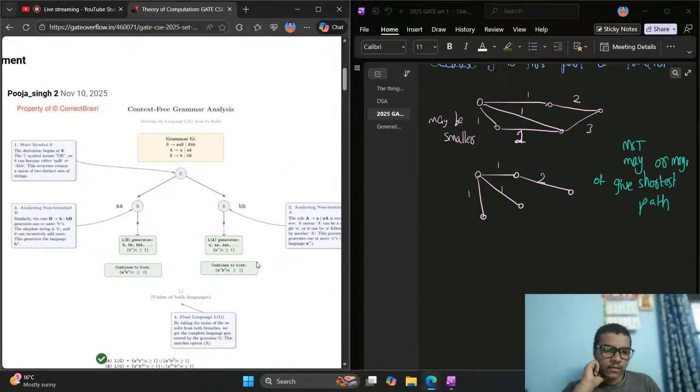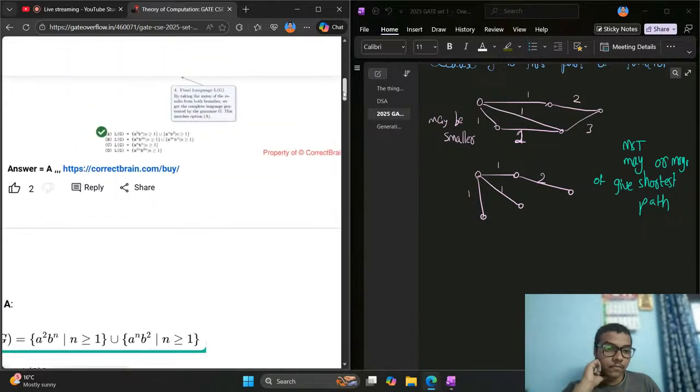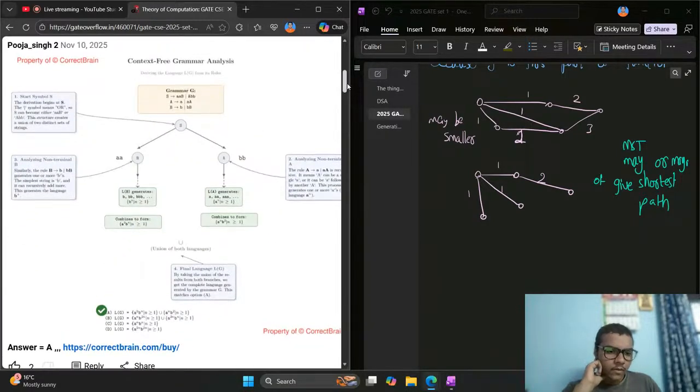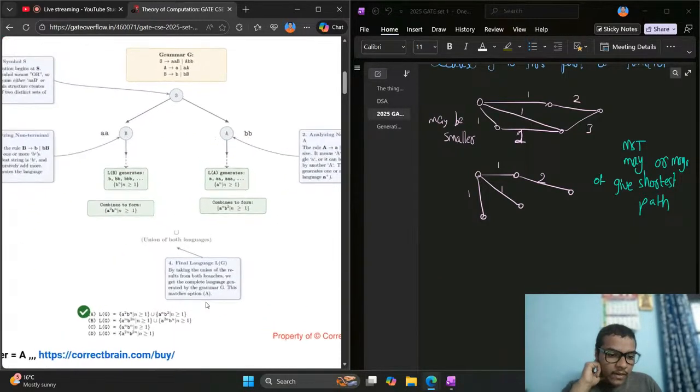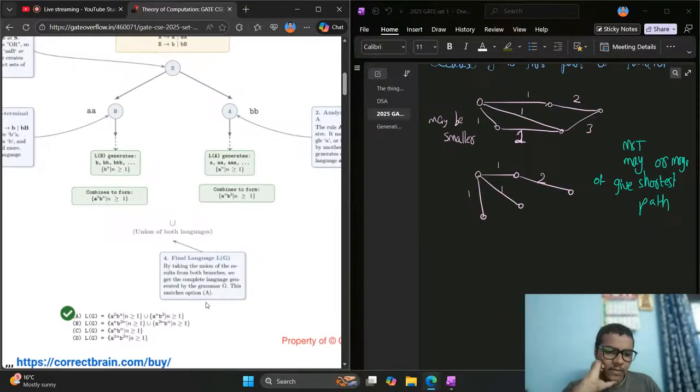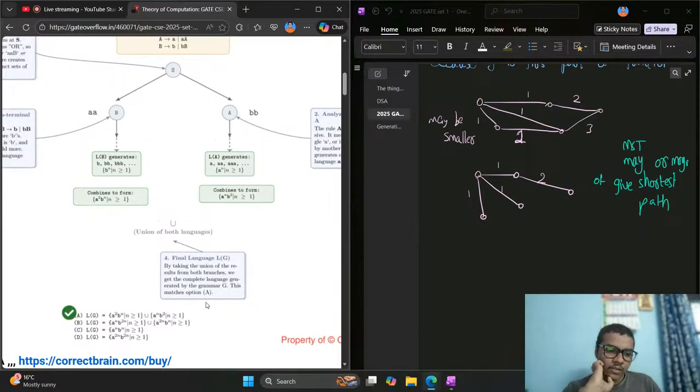Union of both languages. By taking the union from the branches, we get the complete language generated: a square b power n, or a power n b square, for n greater than or equal to 1.